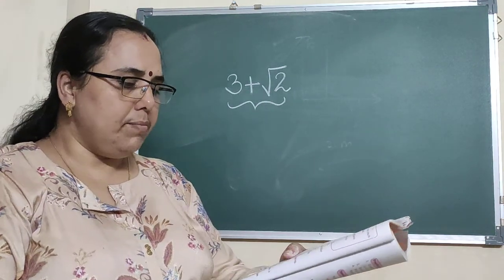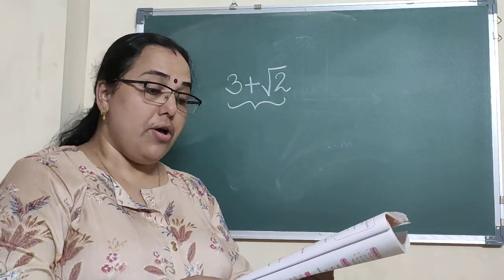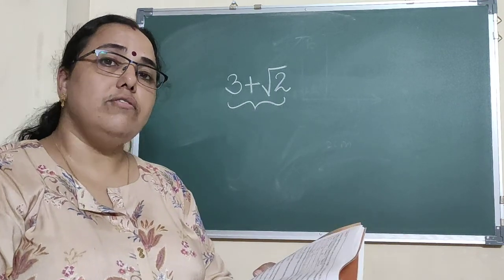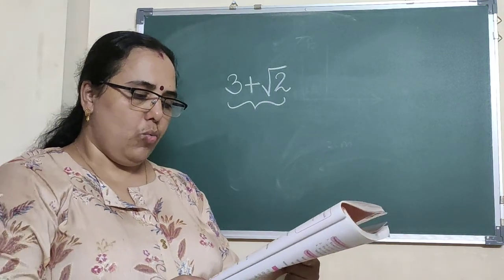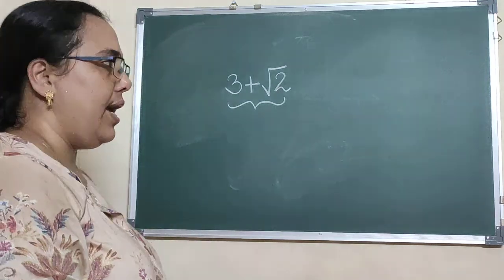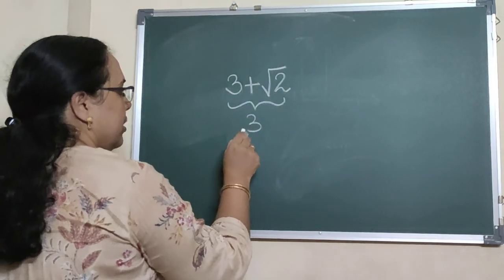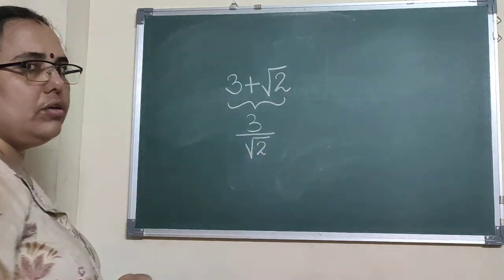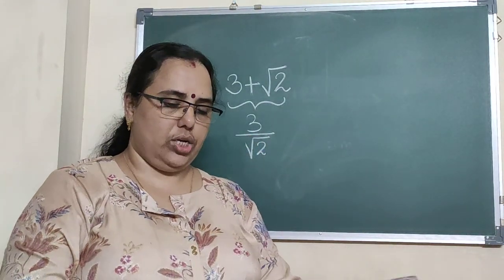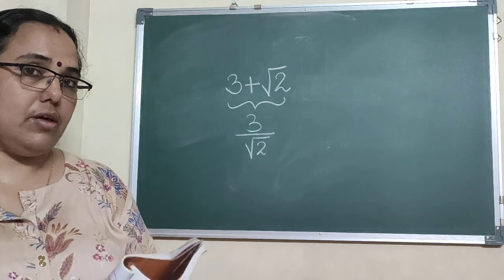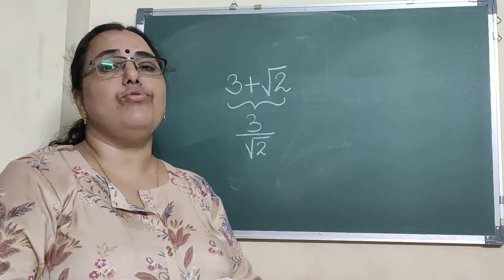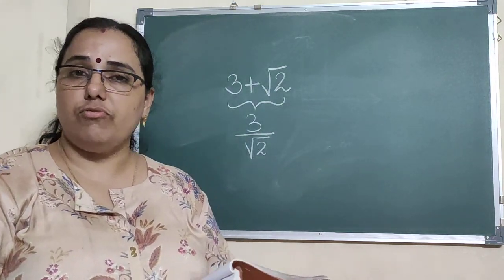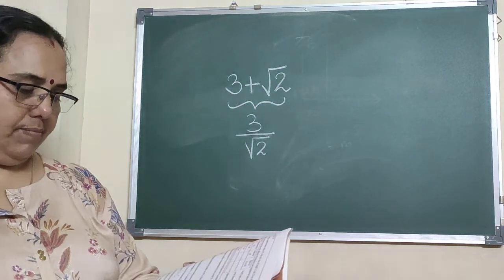Same way, multiplication or division of a non-zero rational number with an irrational number. That means if I have 3 divided by root 2, this is also an irrational number. Keep this in mind, girls. These properties will be useful when we are doing certain types of sums from the exercise.